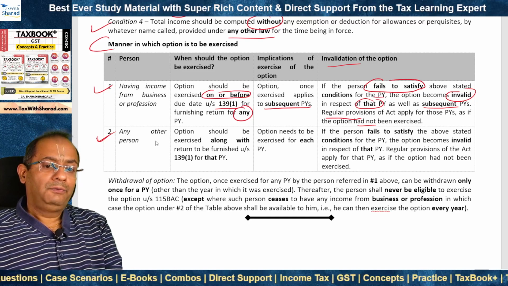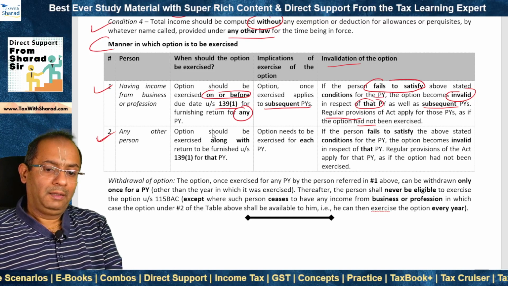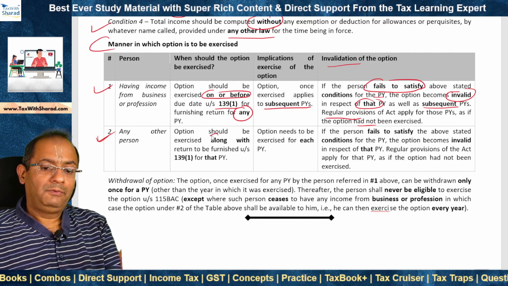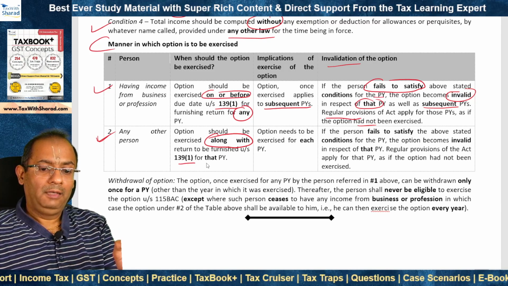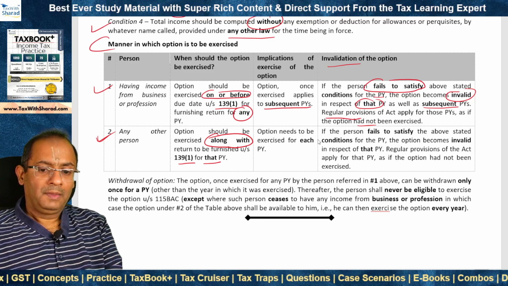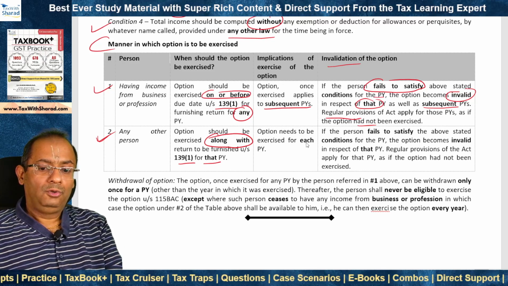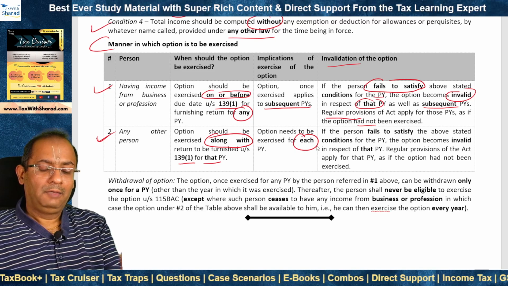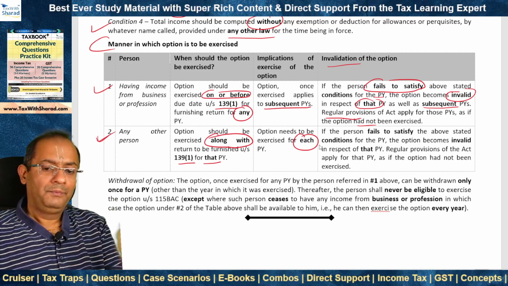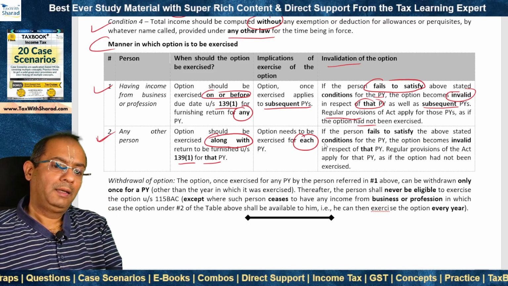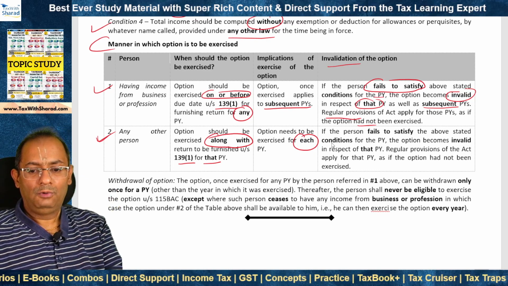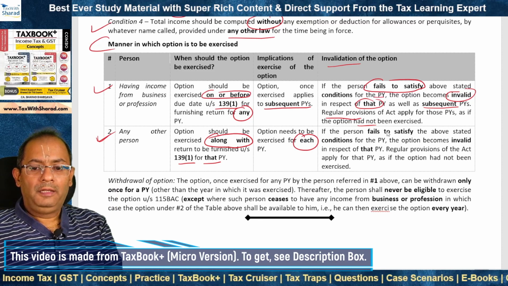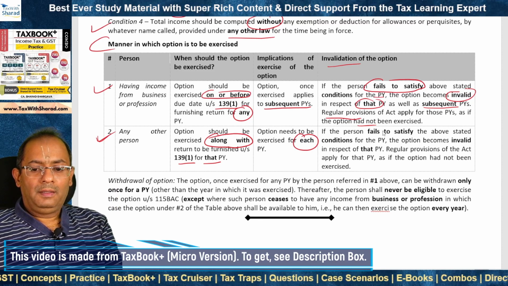In any other case where PGBP income is not there, the option should be exercised when? It should be exercised along with the return to be furnished under 139(1) for that previous year. This means that the option needs to be exercised for each previous year, and therefore the option can change for each previous year. In one year, the person may want to exercise; in another previous year, the person may want to opt out. Now, when is the option invalidated in such a case?